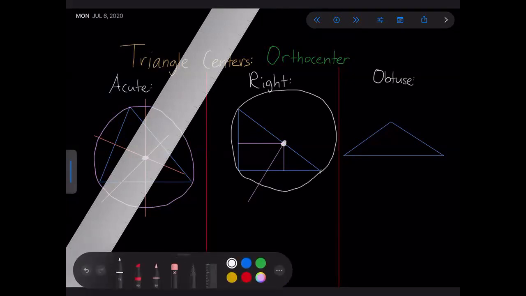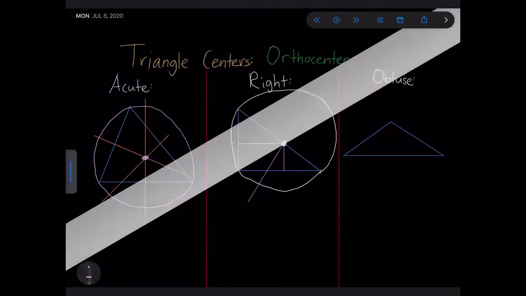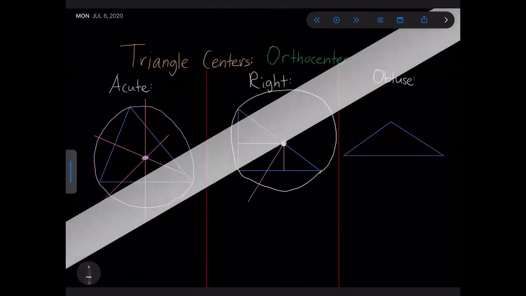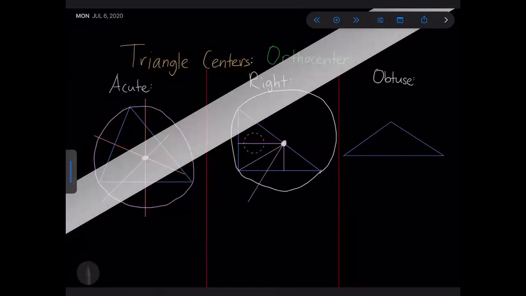This also means you can draw a line here. Let's change the color of these three.